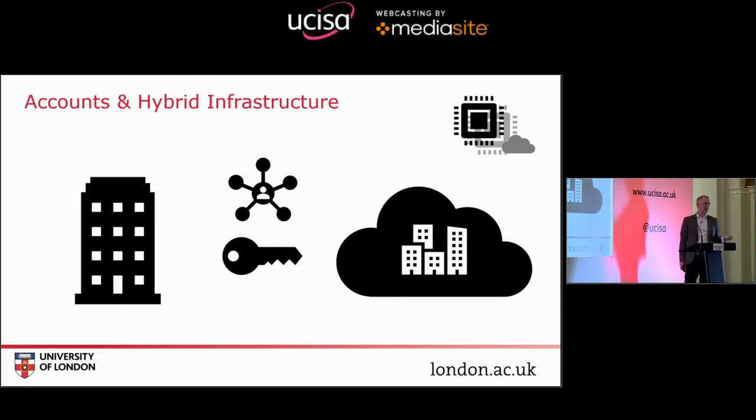I think that's particularly important for issues like disaster recovery. It's no good having your disaster recovery instances in the cloud when your authentication is still hosted on-premise and you've lost your on-premise servers.